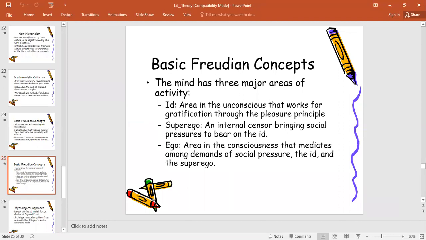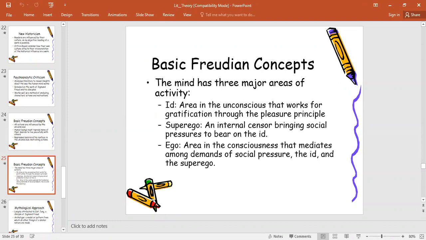So this is called the pleasure principle, and it will certainly damage our character. Superego is an internal censor bringing social pressure to bear on the id. It means that superego is social pressure. We will never involve ourselves in activities that may disrespect us in the eyes of our society.